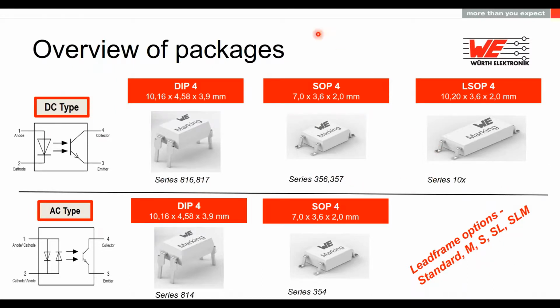And of course, I told you and showed you the 5 different lead frame options. This is only for the DIP4 series. For the SOP4 and LSOP4 series, we only have one package size, as shown here.